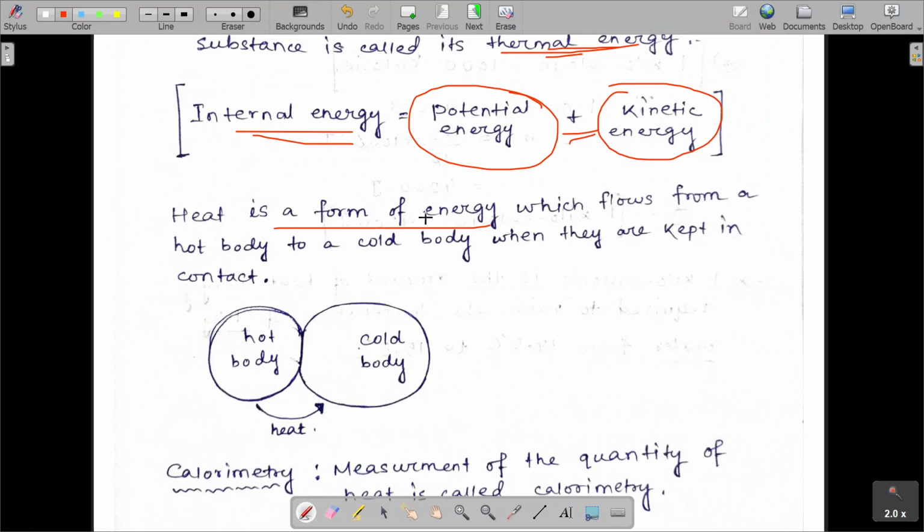Heat is a form of energy that flows from a hot body to a cold body when they are kept in contact with each other. Suppose this is the hot body and this is the cold body. So heat will transfer from this hot body towards the cold body when these two are kept in contact with each other.